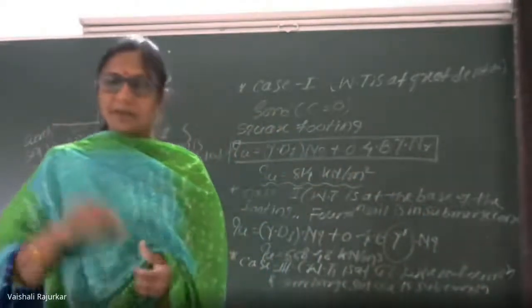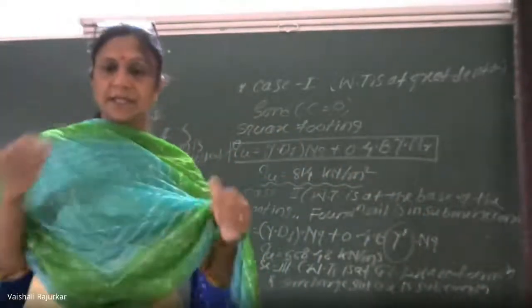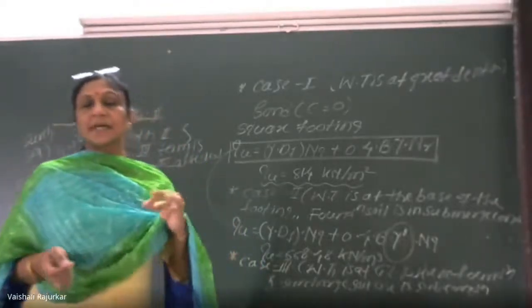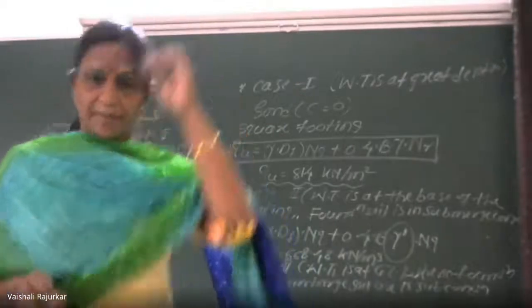So both the soils are in submerged condition, and just write down the note over there. This is the critical worst condition of the bearing capacity.